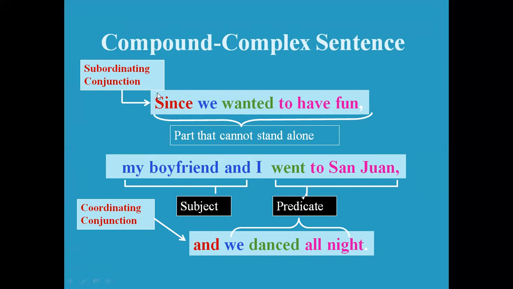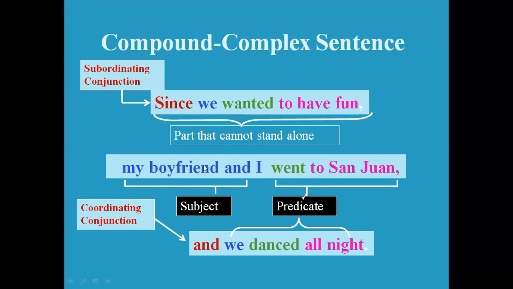The first part, since we wanted to have fun, is a part which cannot stand alone because of the subordinating conjunction. My boyfriend and I went to San Juan, that is the independent part.